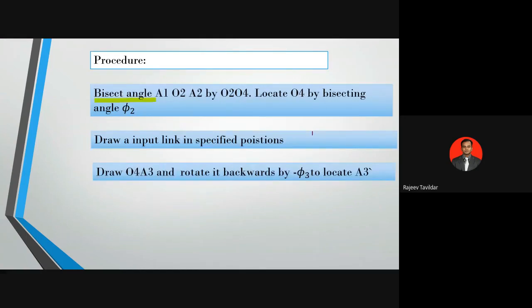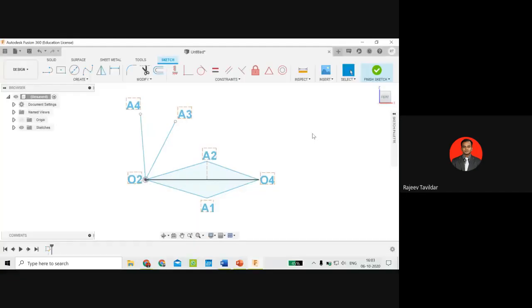What this is, we need to draw O4 A3. We need to draw a ray O4 A3, and I'm going to rotate it backwards by minus phi 3 so that I can locate A3 dash. So I'll draw a construction line O4 A3.